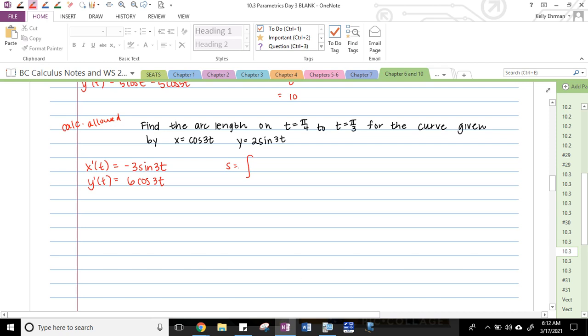I'm not going to type this into my y equals ahead of time, but how you enter it in is up to you. When you square this, you would get 9 sine squared of 3t plus 36 cosine squared of 3t. Just don't accidentally square the angles or anything.